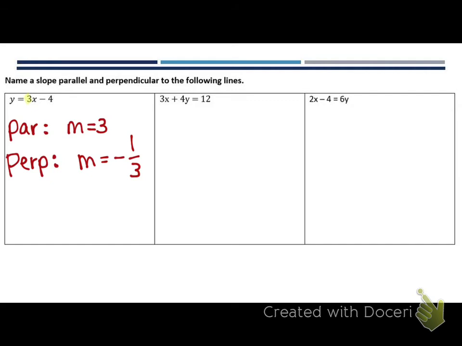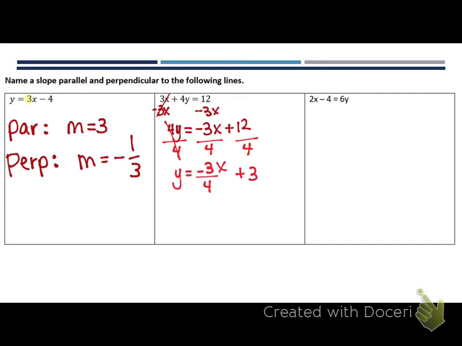The second one, is it written in y equals mx plus b? No. So what do we need to move? Subtract 3x. So 4y equals -3x plus 12. Divide by 4. Y equals -3x over 4 plus 3.